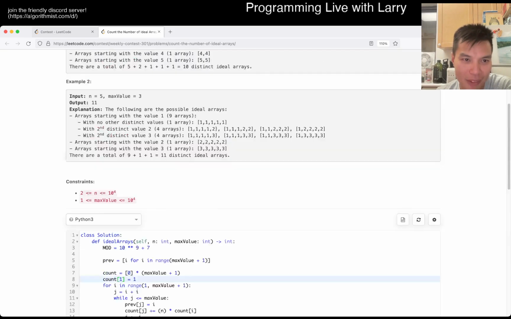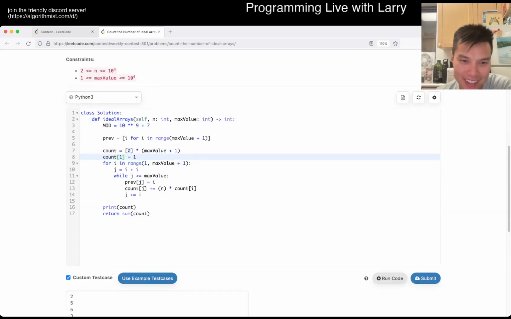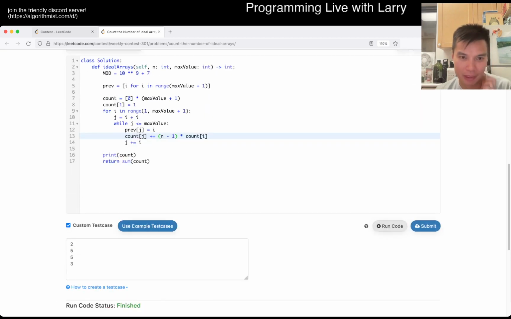If this magically worked, I would have been like, WTF. But I didn't think this would work, to be honest. It should be n plus 1 anyway, for the n is equal to 2 case.